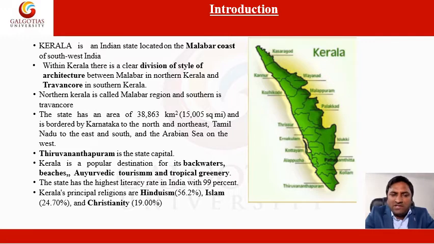It covers an area of 38,000 square kilometers and shares borders with Karnataka and Tamil Nadu. Thiruvananthapuram is the capital, and Kerala is famous for backwaters, beaches, Ayurvedic tourism, and tropical greenery.